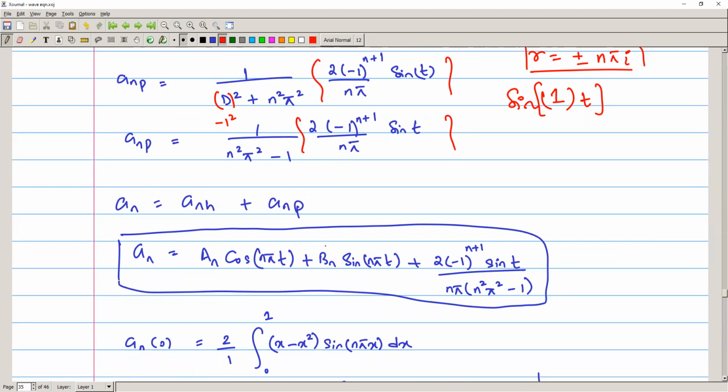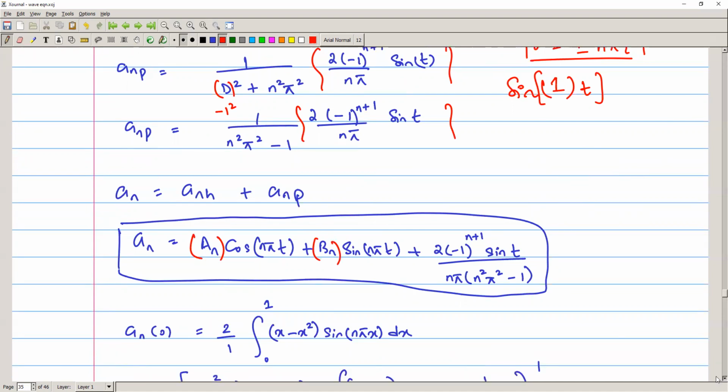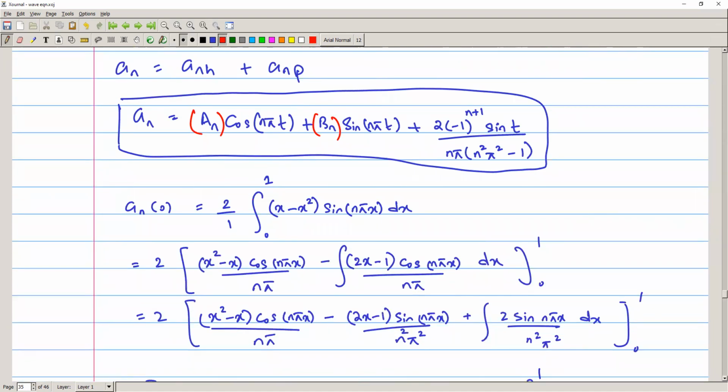Now we need the initial conditions to find the constants of integration. So a_n(0) equals 2 over 1 times the integral with sine n pi x dx.